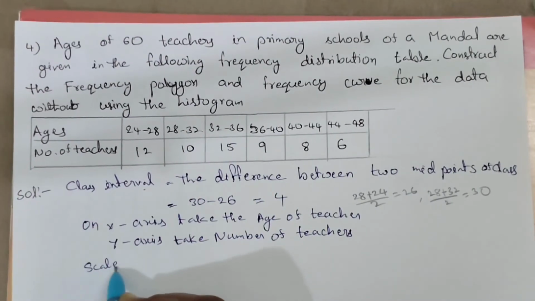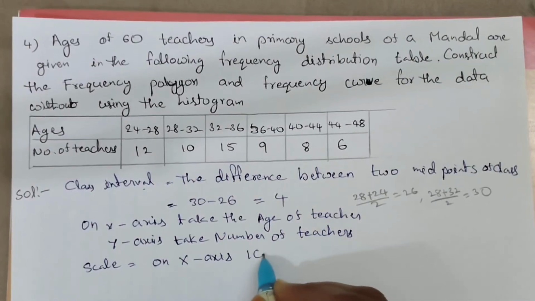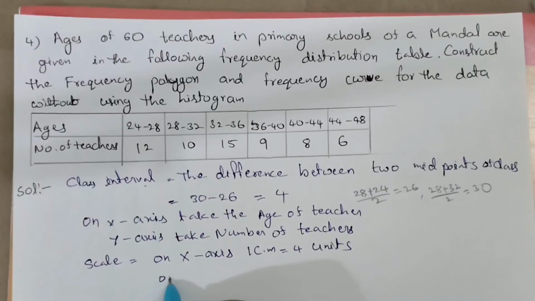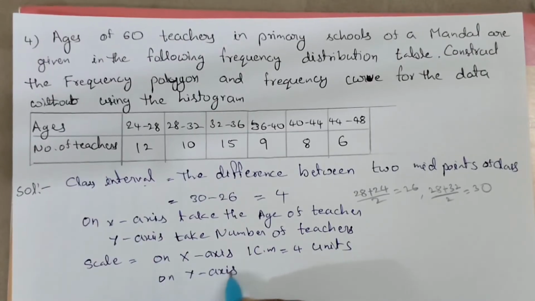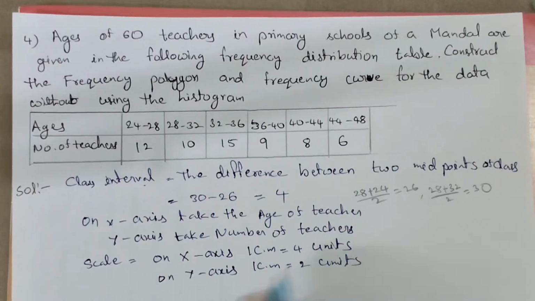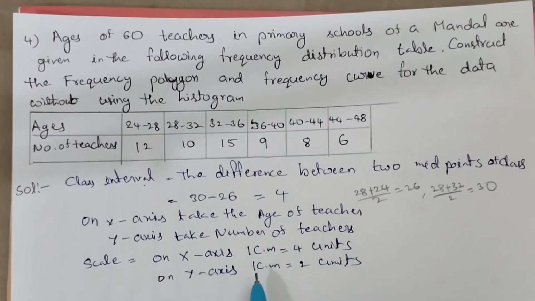On the x-axis, 1 centimeter equals 4 units. On the y-axis, 1 centimeter equals 2 units. This is the scale.